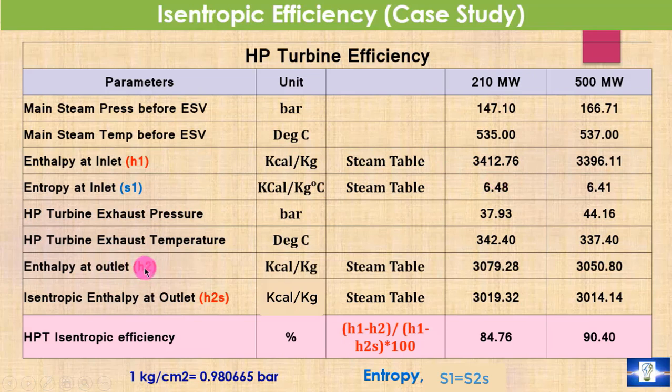In the same manner we can calculate H2, meaning exhaust enthalpy, from the exhaust pressure and temperature, that is 37.93 bar and 342.4 degrees centigrade, and this exhaust enthalpy is 3079.28 kilocalorie per kg.